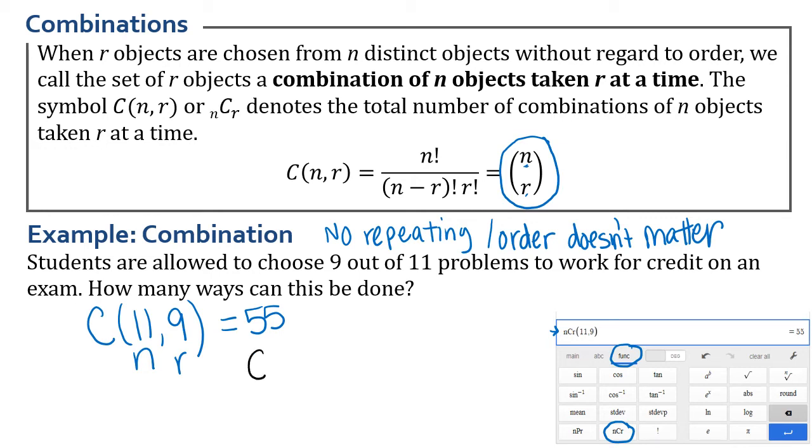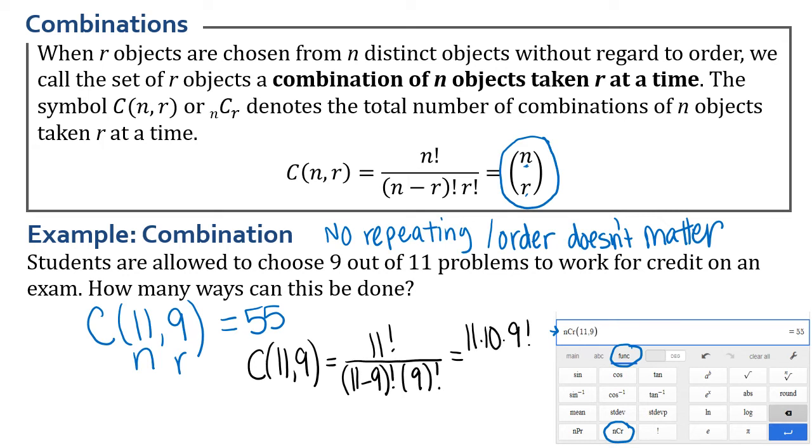So the combination of 11 choose 9 is going to be 11 factorial over 11 minus 9 factorial times 9 factorial. Okay, we can simplify this out. 11 factorial is the same as 11 times 10 times 9 factorial, because we'd have 9 times 8 times 7 times 6 times 5 times 4 times 3 times 2 times 1.